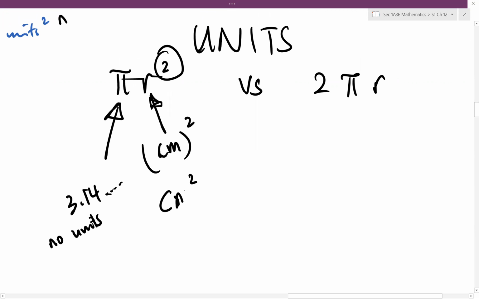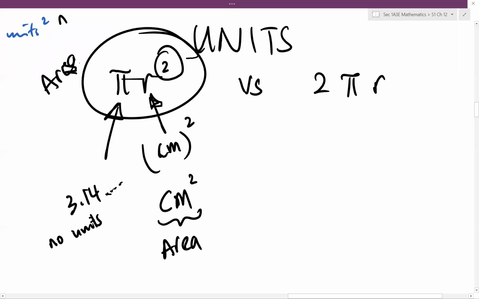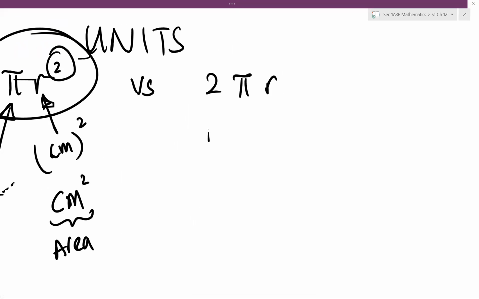And what do you think I'm trying to get you to realize now? Square centimeters has to be for area, and therefore this is for area. If this is for area, the other must be for a length. Let's double check. 2 is a number, no units.